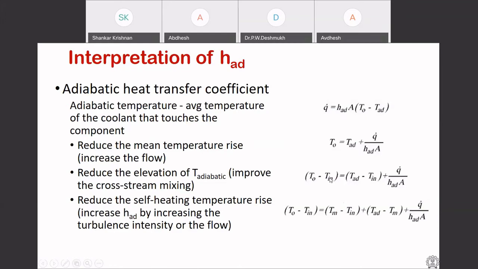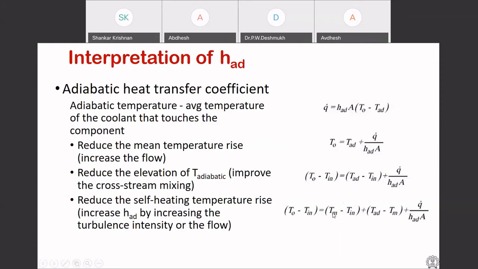Now if I add and subtract the inlet temperature on the left side and move the added inlet temperature to the right hand side, then I have this grouping.